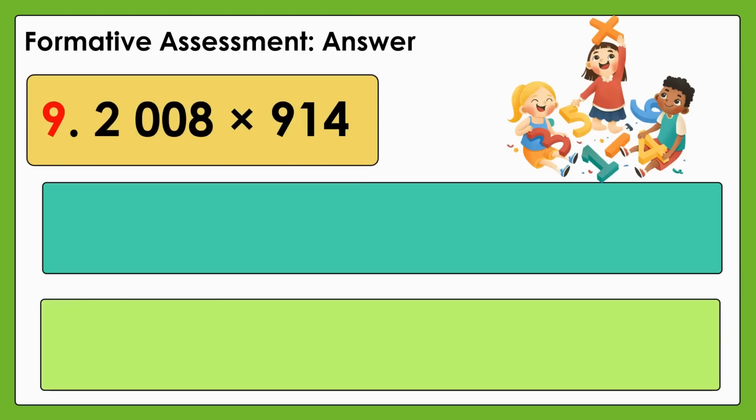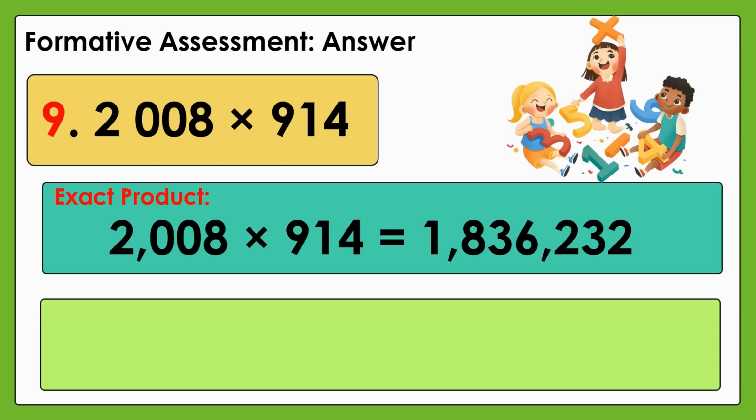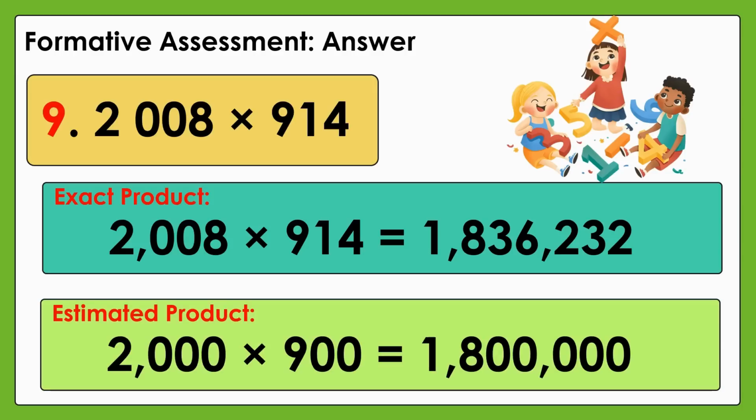Number 9, 2008 times 914. Exact product, 1,836,232. Estimated product, 1,800,000.